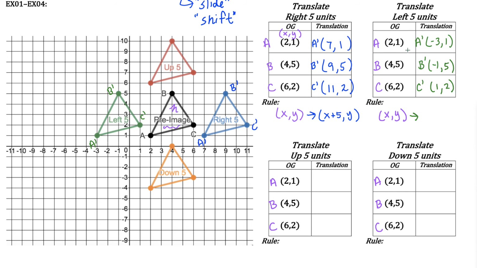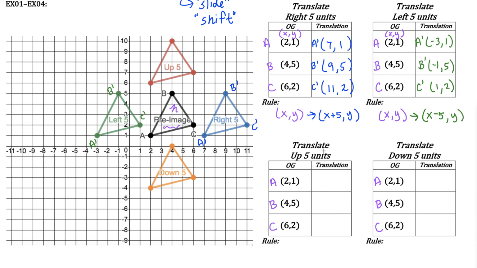So the y's are the same. The x's, how do I get from 2 to negative 3? How do I get from 4 to negative 1? How do I get from 6 to 1? 6 minus 5 is 1. So really what's happening is I'm taking my x's and I'm subtracting 5. So when I go left, I subtract 5. And then I keep my y's the same.